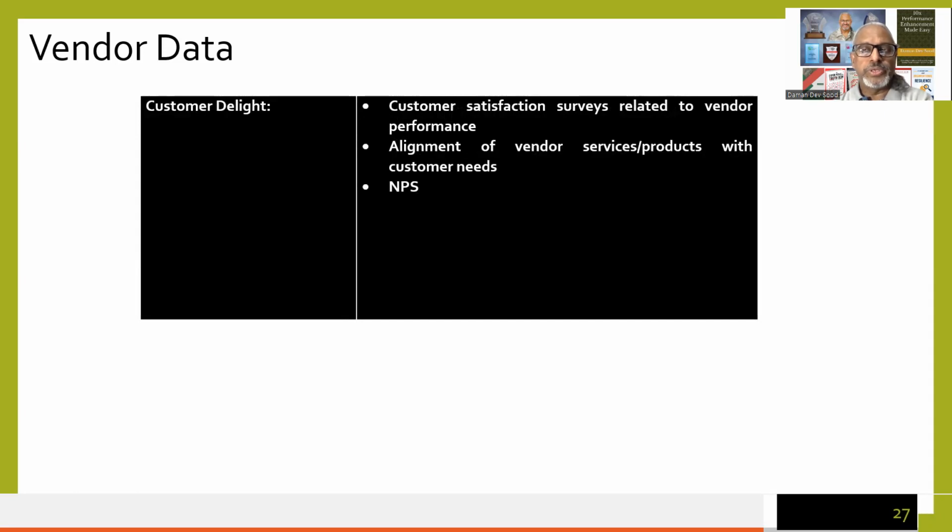What are they doing with respect to delighting their customers? This question is again for your vendors. Do they conduct satisfaction surveys? And how do they score? And alignment of vendor services or products with customer needs. Ultimately, NPS, which stands for Net Promoter Score.